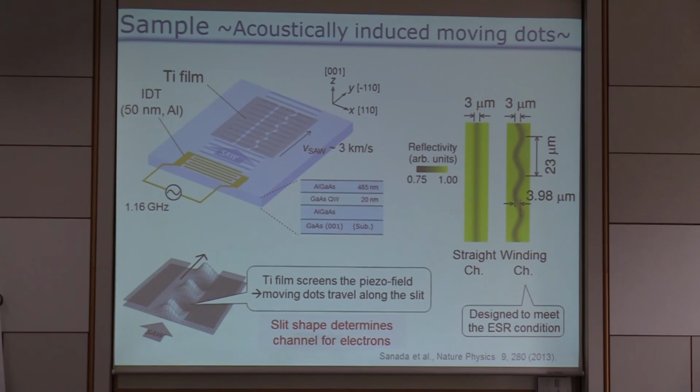So basically, we can analyze the data with the acoustic wave not attenuated by this film. The acoustic wave is not affected by this, but the piezoelectric field that is experienced by the electron is modulated by this structure.